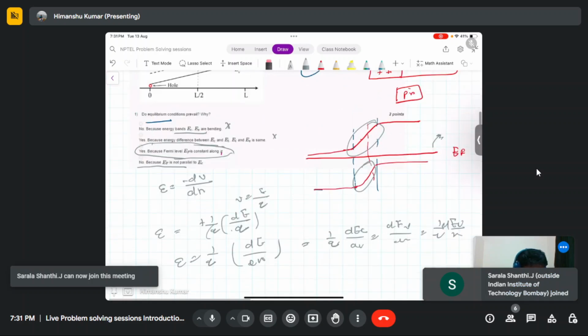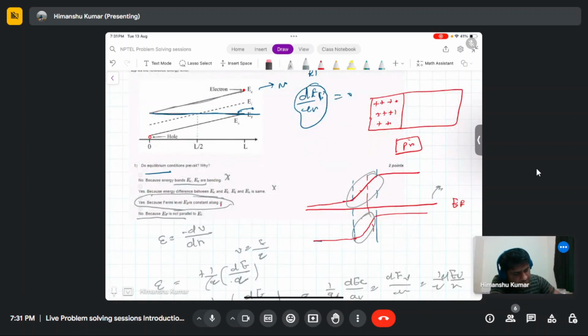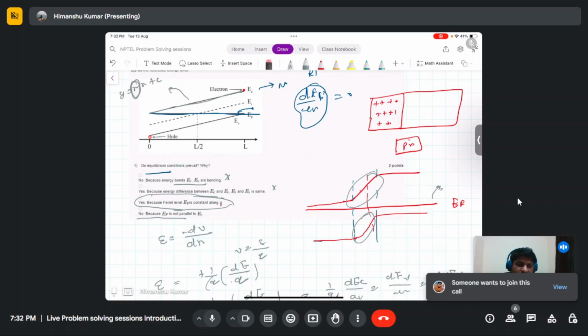Now in this problem, the slope is a straight line. This straight line you can model by y equals mx plus c, and in the case of a straight line, the slope remains fixed. m is fixed.